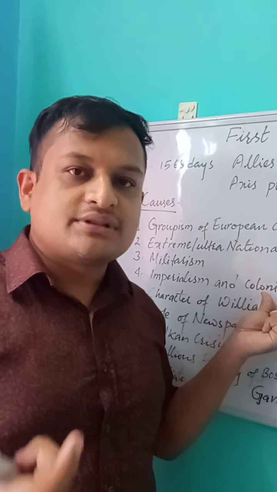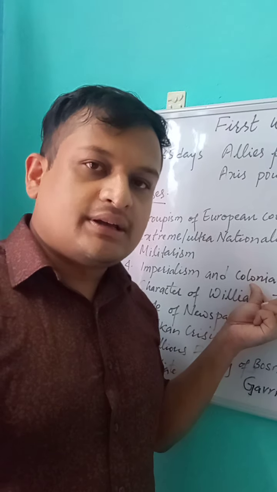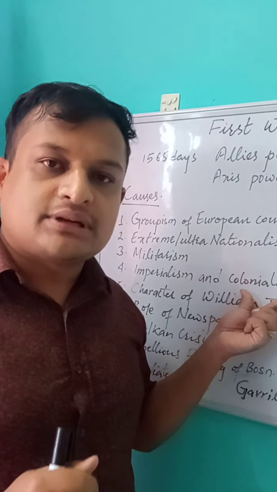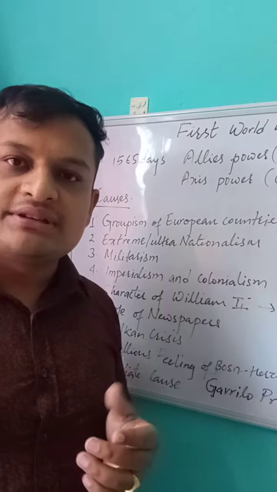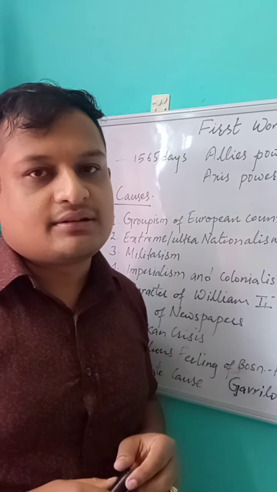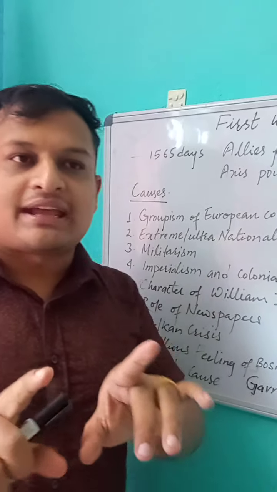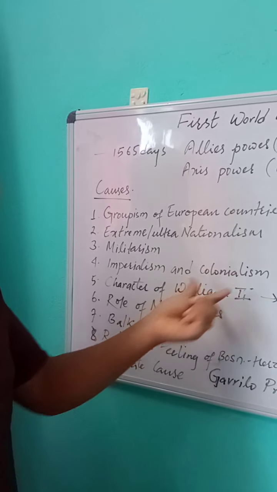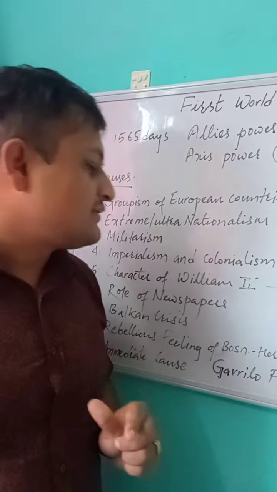Some of the countries of Europe went towards Asia and established their control there. Some went towards South Africa and African countries, and some towards South American countries. There was a sense of competition in capturing those different countries and taking them under their colonial rule. So that was also one of the causes of the First World War.